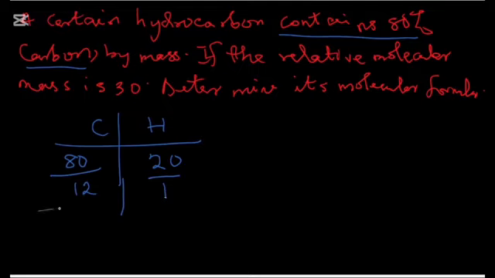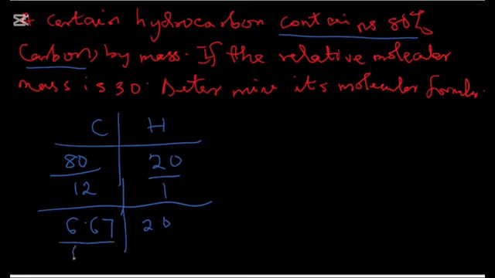So 80 divided by 12 gives you what? I think that should be 6.67. And this will give us 20. Divide by the smallest number, which is 6.67.